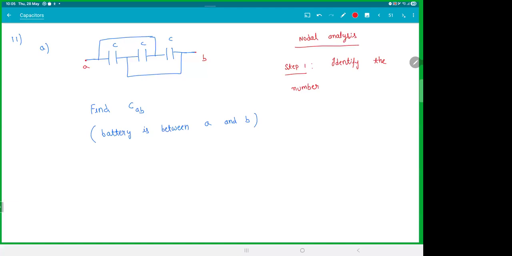Everywhere there's a branch meeting, that is a node. Identify the number of nodes and check for nodes with same potential. See if any nodes have same potential.